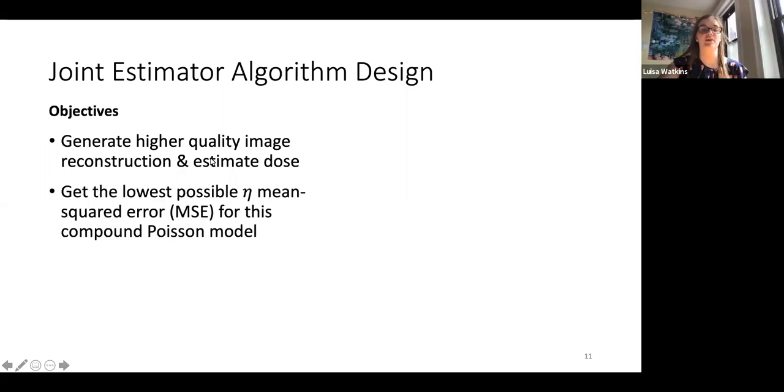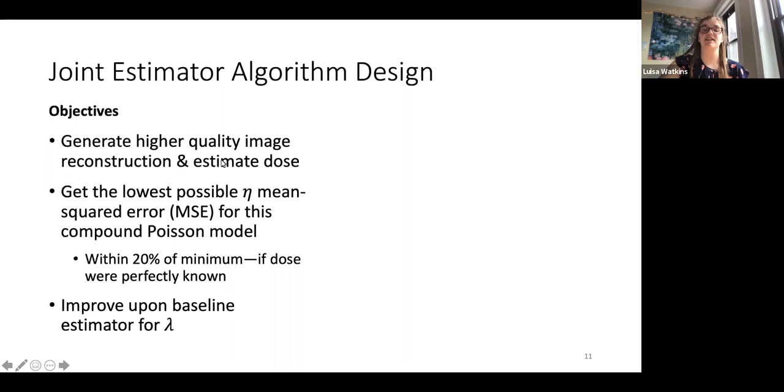Now, in terms of higher quality image reconstruction, I'm trying to get the lowest possible mean squared error for this model. And what does lowest possible mean exactly? I'll be trying to get within 20% of the minimum, where the minimum is if the dose were perfectly known.